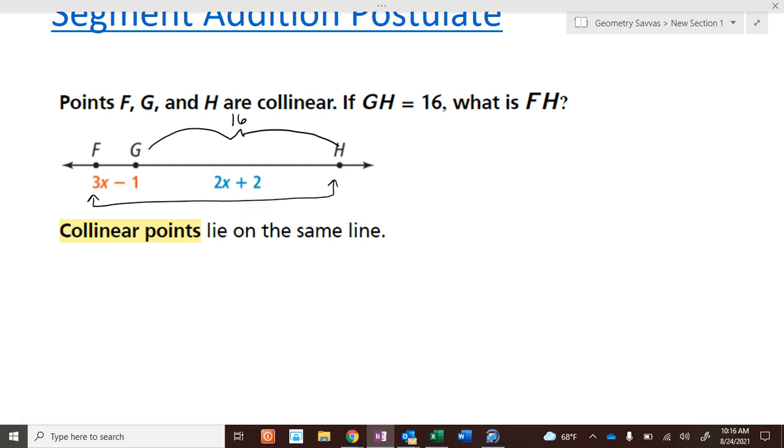Ooh, algebra. Some of you had Cradaville last year, some of you had Hodgin last year, but what algebra equation do we have to set up to figure this out? Because to figure this out, we need to know what x is. But how do I figure out x? Well, I have a 16 here and a 2x plus 2 here.